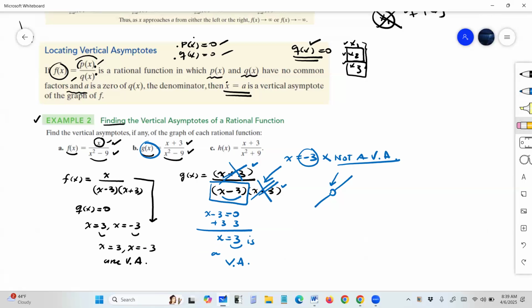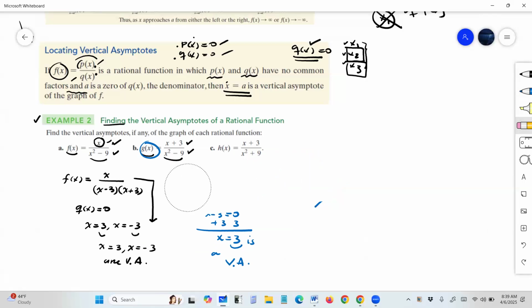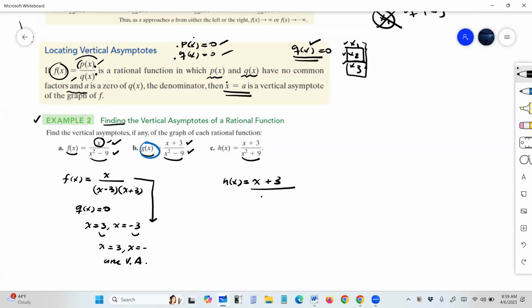Okay, the last case. Okay, h of x equals x plus 3 over x squared plus 9, right? So we are going to factor the numerator, nothing to factor, and we are going to factor the denominator. We can't factor because this is not a difference of squares.